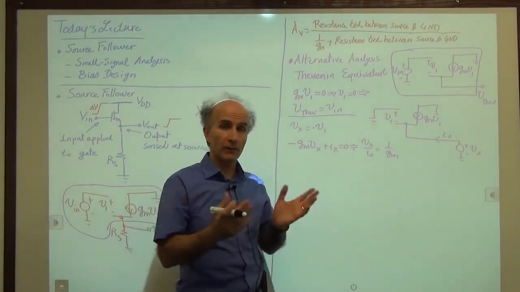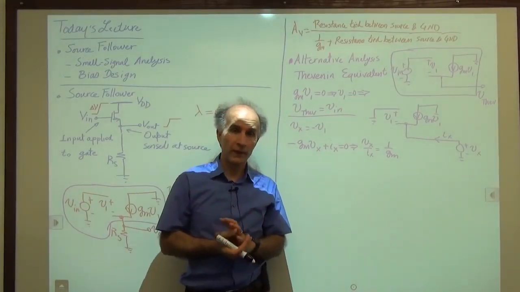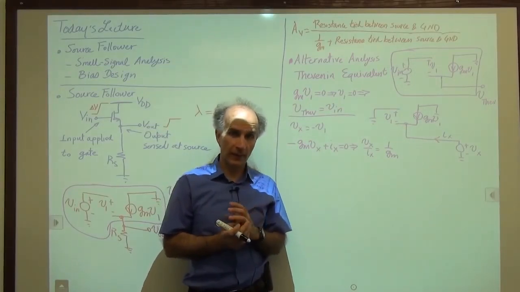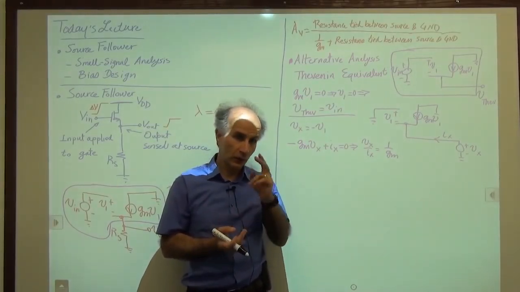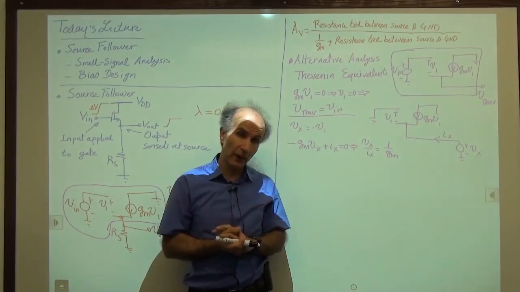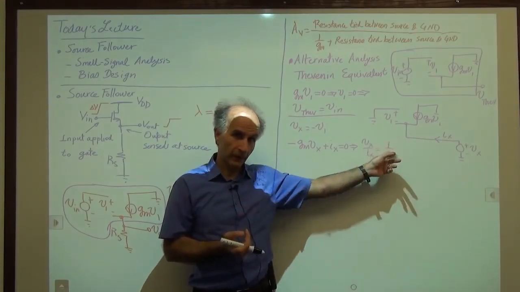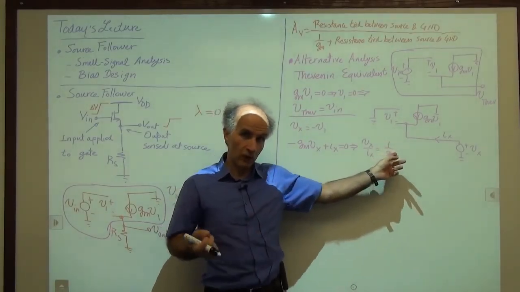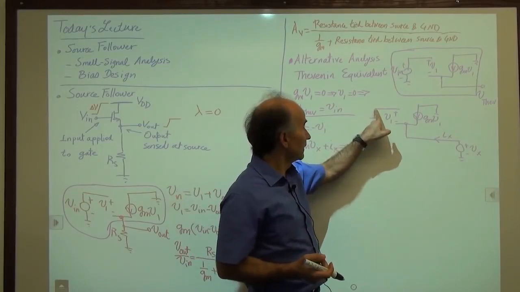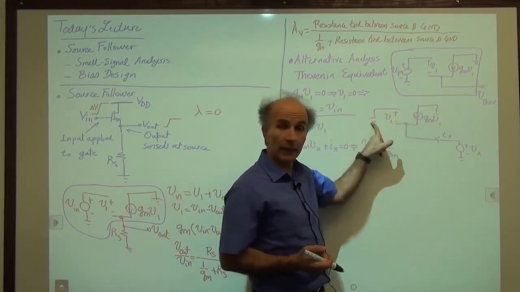Do you remember 1 over Gm from the past? What impedance was equal to 1 over Gm in the past? Well, there were two cases. One was a diode-connected device without channel length modulation. Is this a diode-connected device? Yes. You see, the gate and the drain are both shorted to ground.